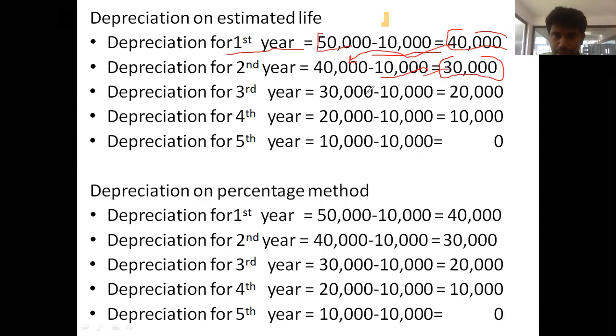Similarly, this 30,000 comes here minus the depreciation amount, and the total is 20,000. This 20,000 minus 10,000 gives 10,000. So the value after 5 years decreases to 0.